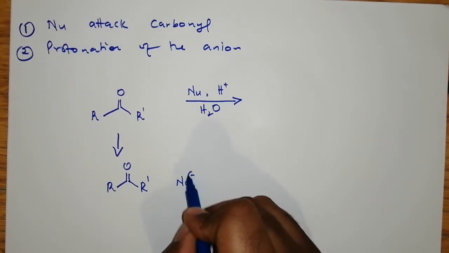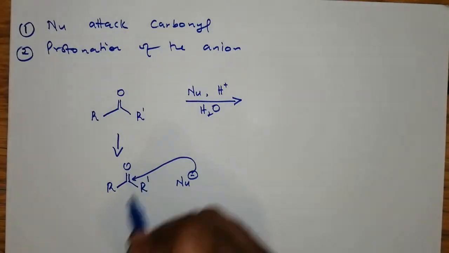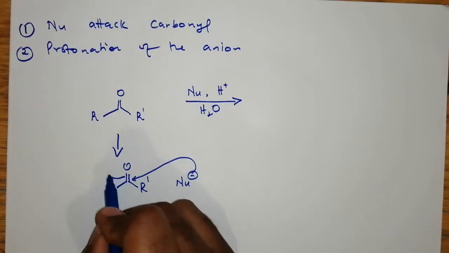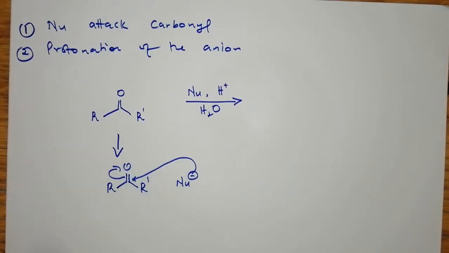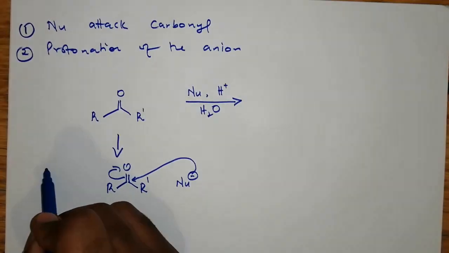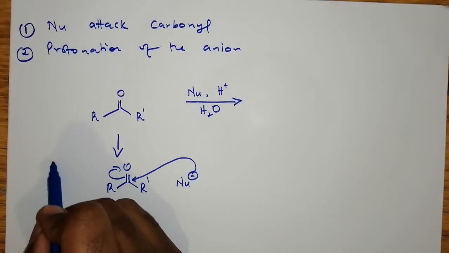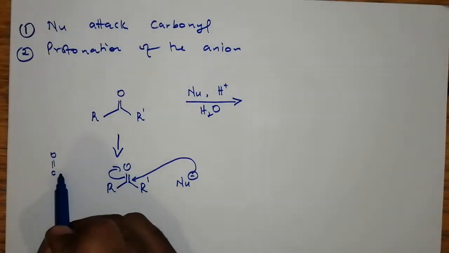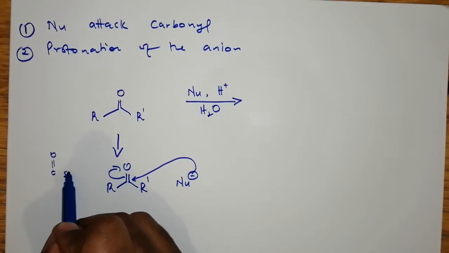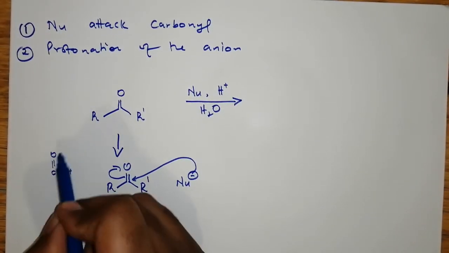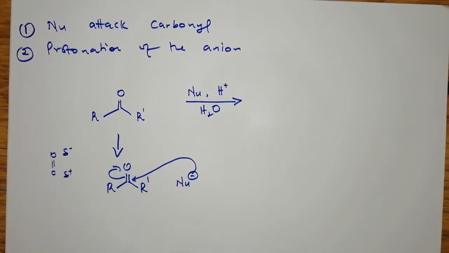Initially the nucleophile is going to attack the carbonyl right here at the carbon. Just take note before I go any further that the carbonyl group is like this, and so the carbon here is partially positive, and the oxygen here is partially negative. Hence the nucleophile attacks here.